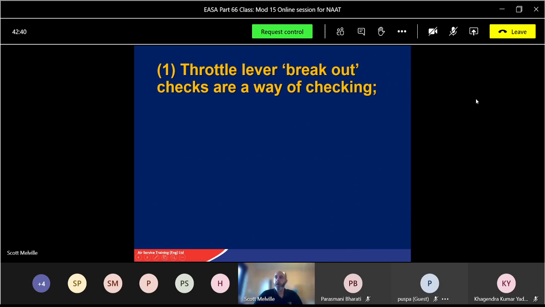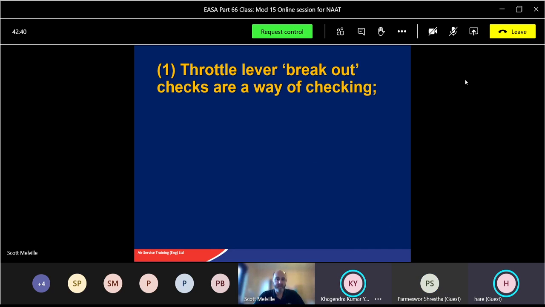Question number 1. We've had this already, so it should be straightforward. Throttle lever breakout checks are a way of checking what? What do you think the purpose of a breakout check is?